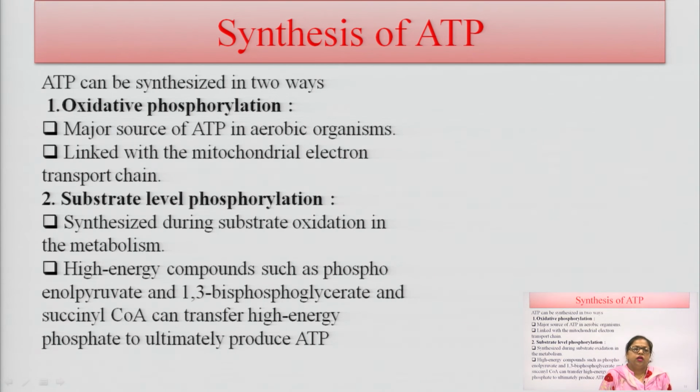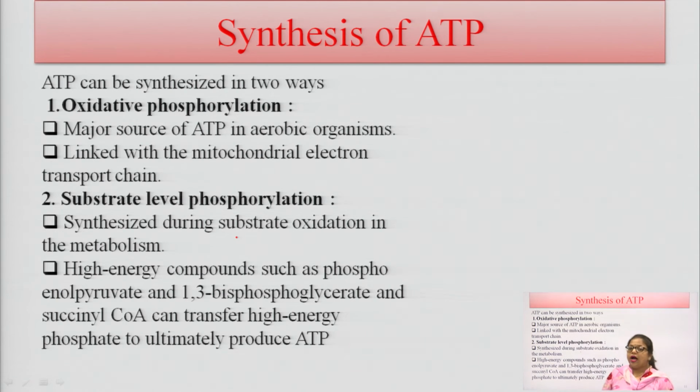ATP is synthesized in two ways. First is oxidative phosphorylation and the second is substrate level phosphorylation. Oxidative phosphorylation occurs in the mitochondria, which is a major source of ATP in aerobic organisms, and it is linked with the mitochondrial electron transport chain, also described as ETC. Substrate level phosphorylation occurs during substrate oxidation in metabolism.